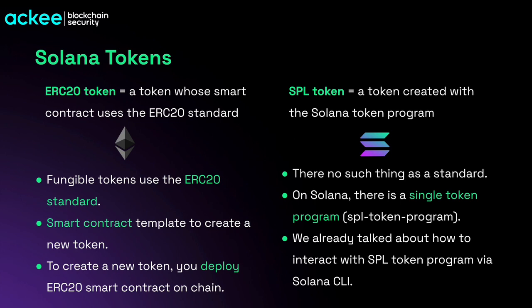That means that, for example, developers have a little bit more freedom in creating different tokens on Ethereum, but that also introduced a lot of security issues. On Solana, we're essentially labeling tokens as SPL tokens, and it is a token created with the Solana token program.